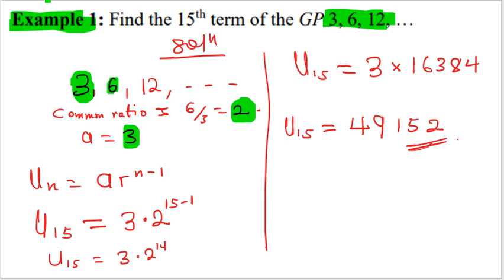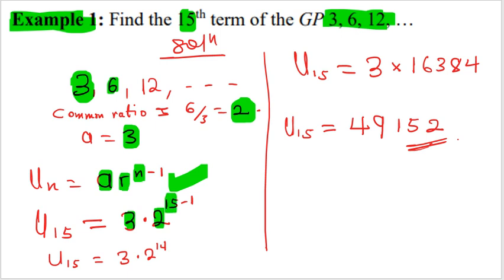Then the nth term formula is this. So what we need to do is substitute a there, then we also substitute r there. Then the question is asking us to find the 15th term, therefore our n will also be 15. So a is 3, r is 2, and n is 15. Then we solve.